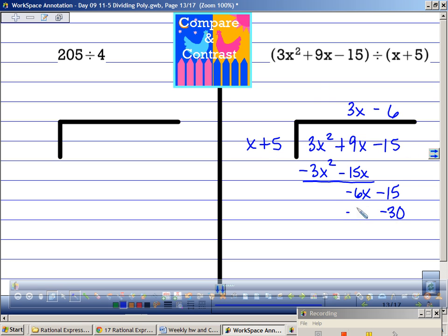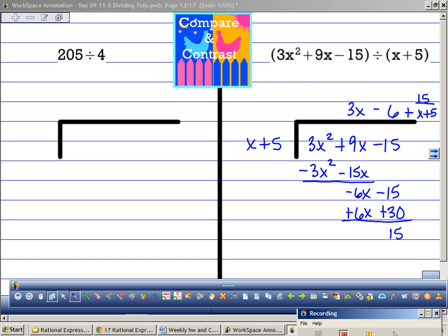And negative 6 times x is negative 6x. Draw the line. Change the sign. I get positive 15. I have no more room to bring anything down, so that's my remainder. So I get 15 over x plus 5. That's my remainder.